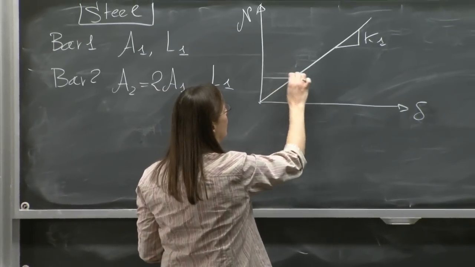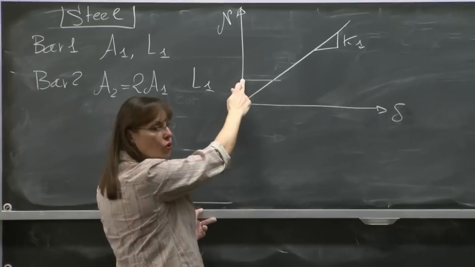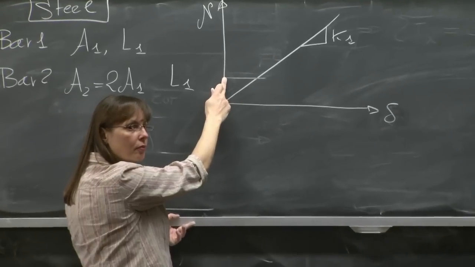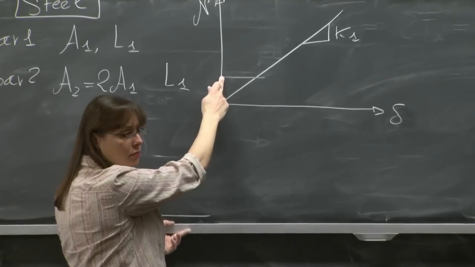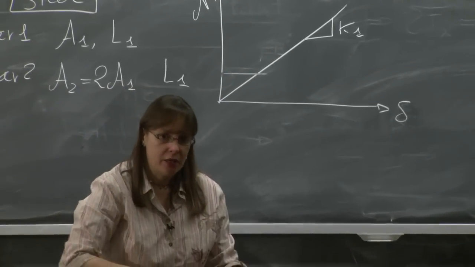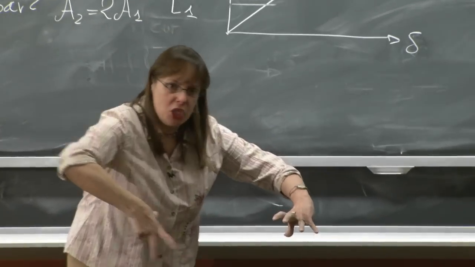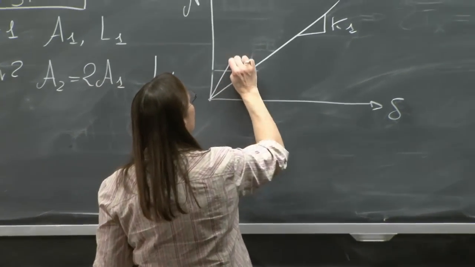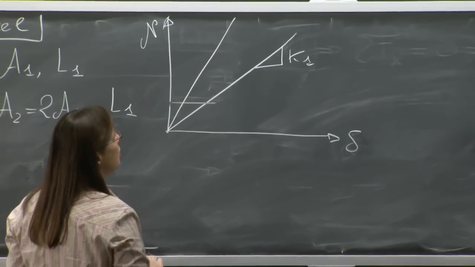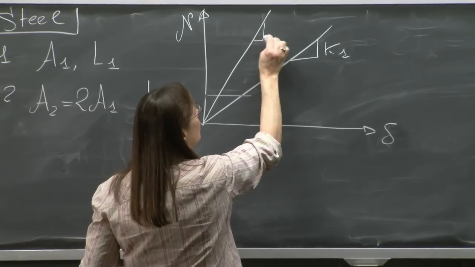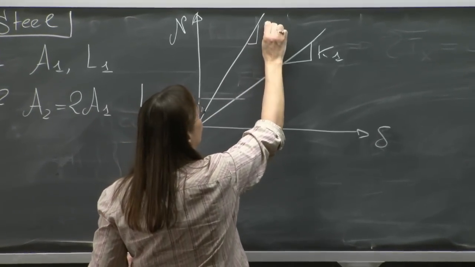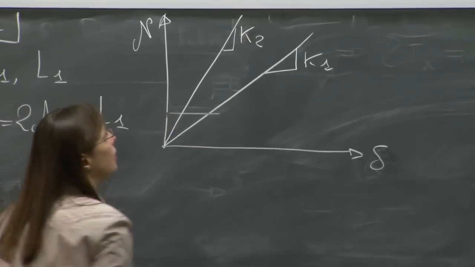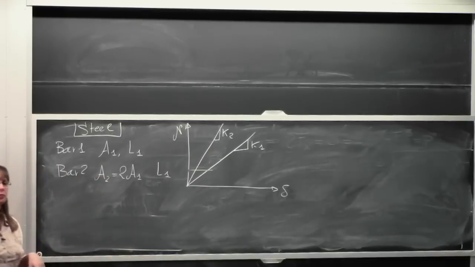Say that I am here. I apply the same force as to bar 1. Is the elongation going to be more or less? Less, right? If I'm pulling something thin, it's going to deform a lot. If I pull something chunky, it's going to be harder to get it longer. So if I pull bar 2, I get a stiffness which is higher than the stiffness for bar 1.